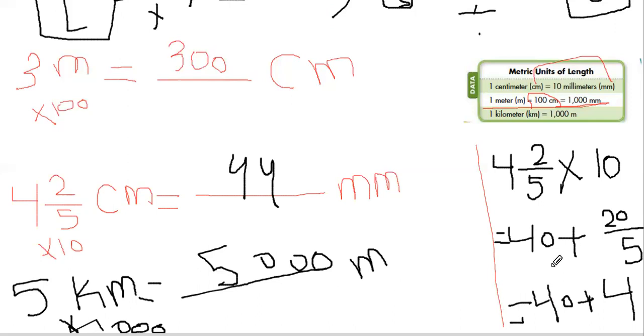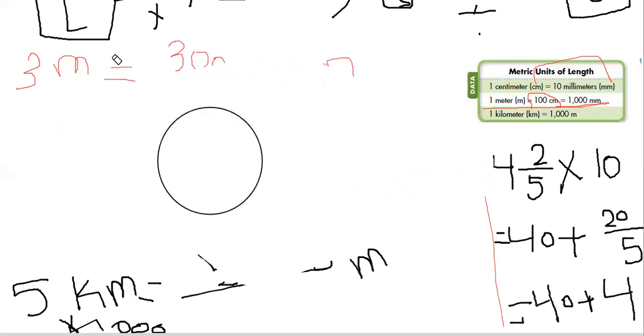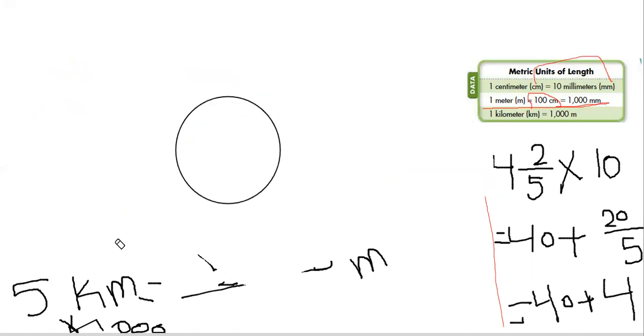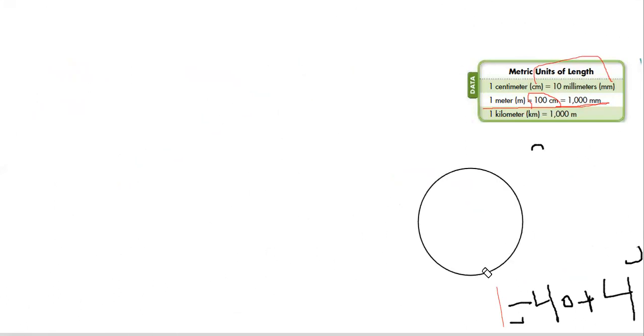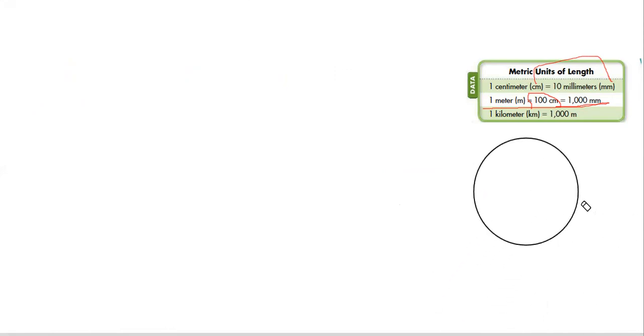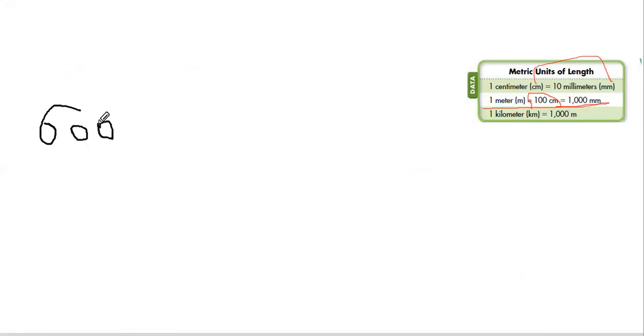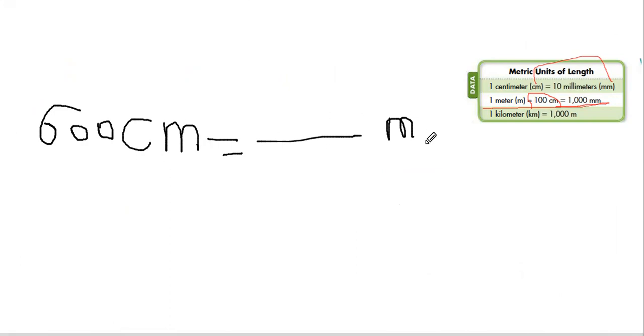Okay, that's good. Miss, what if we want to convert from a smaller unit to a larger unit? Like what if I asked you 600 centimeters equals how many meters? The same concept, darling. Centimeter is less than the meter, so we are converting from the smaller unit to a larger unit.